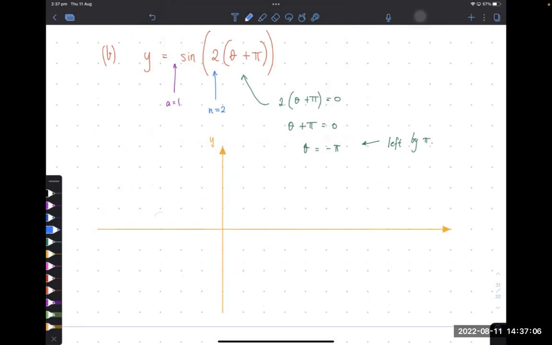That's correct. So the n here is going to be used for the period. The period is 2 pi over n, which is equal to 2 pi over 2, which is equal to pi.